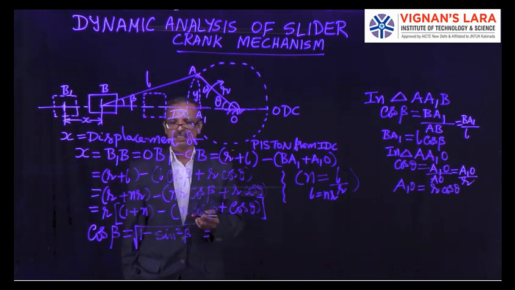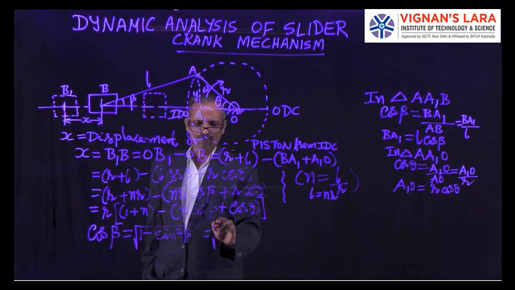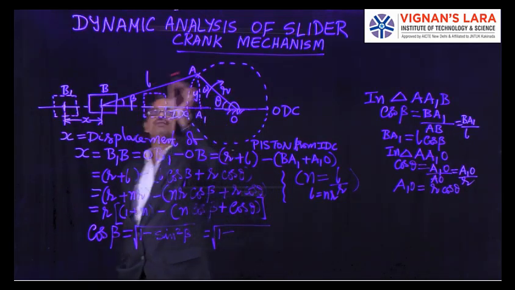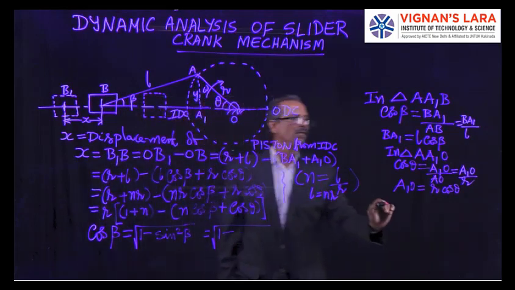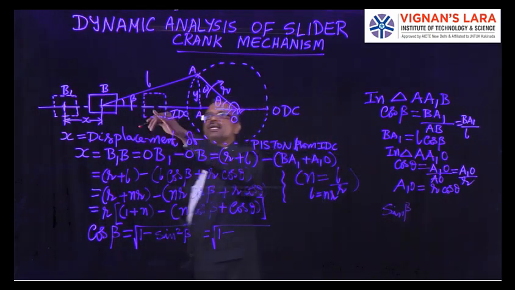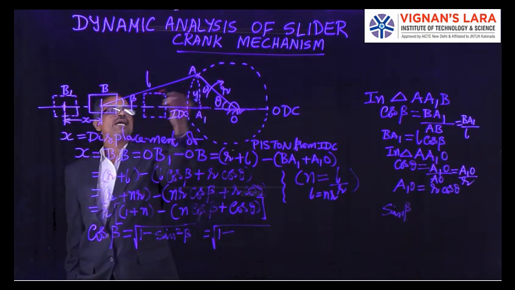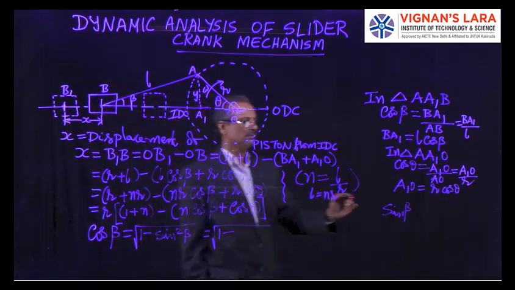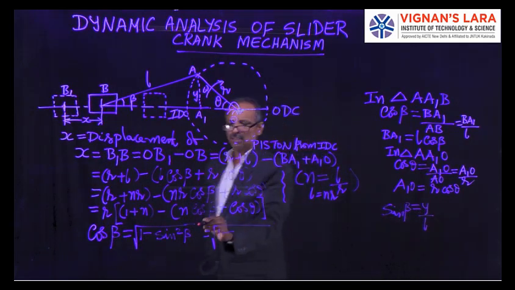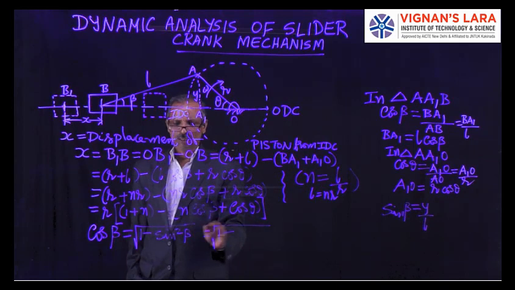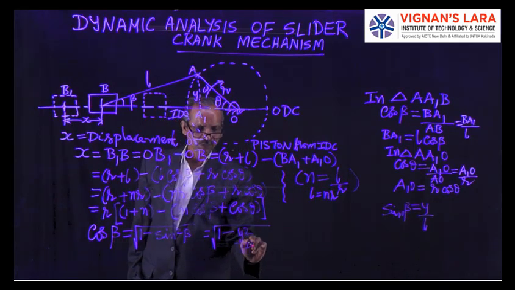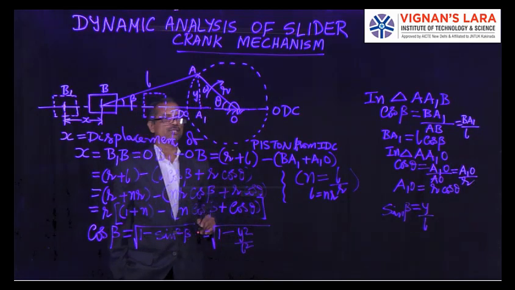Then what is sine beta? Look at this sketch. Sine beta is y by L, so sine square beta is y square by L square.